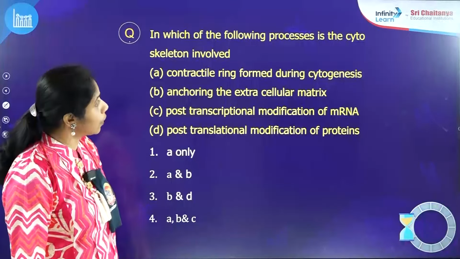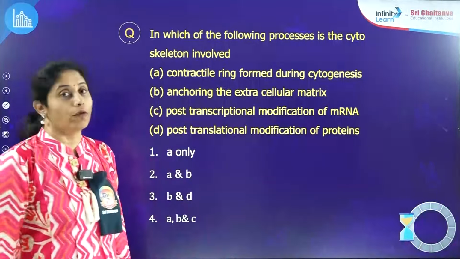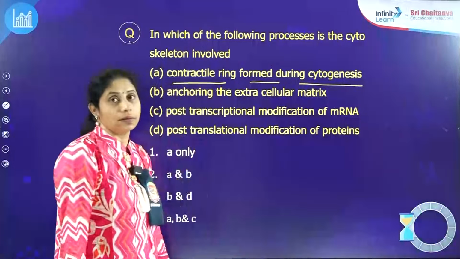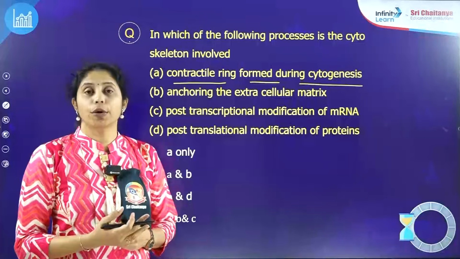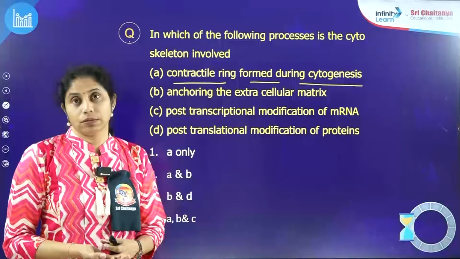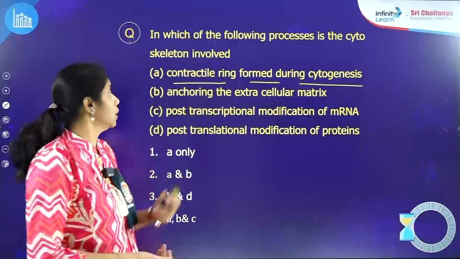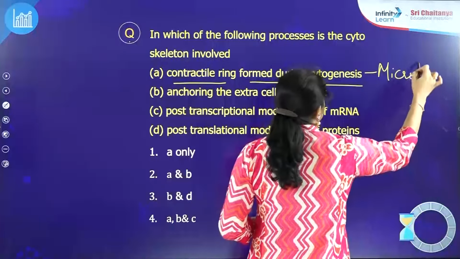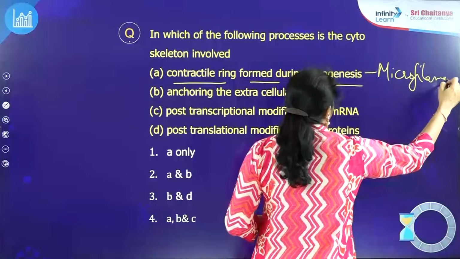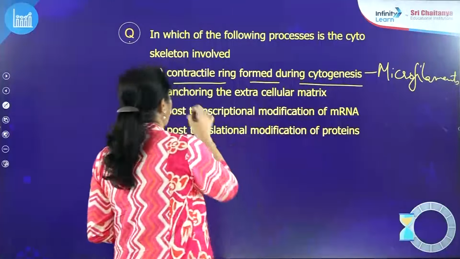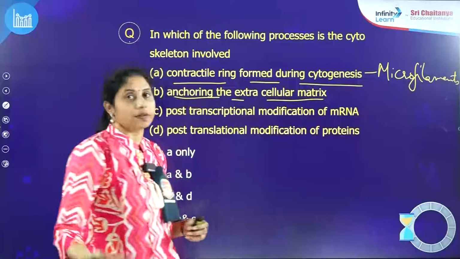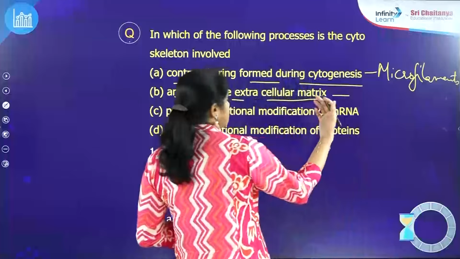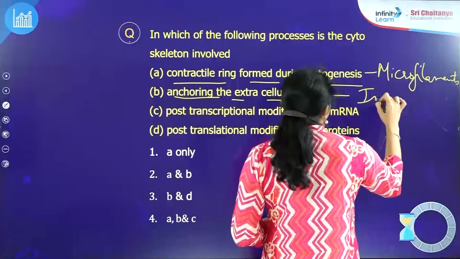In which of the following processes is the cytoskeleton involved? Contractile ring formed during cytokinesis. The contractile ring which is formed during cell division, new cell formation, is actually made by the microfilaments. Anchoring the extracellular matrix, anchorage of the nucleus, anchorage of cell organelles, this is done by the intermediate filaments.